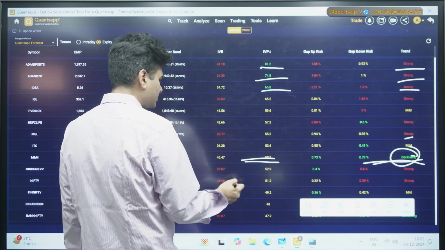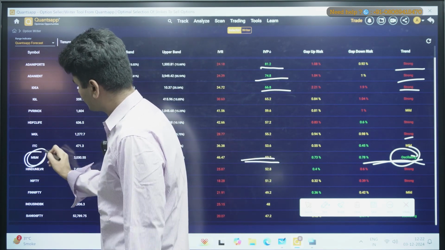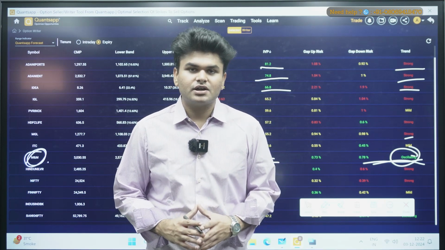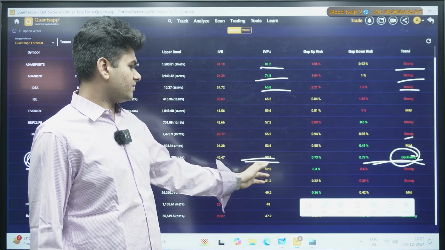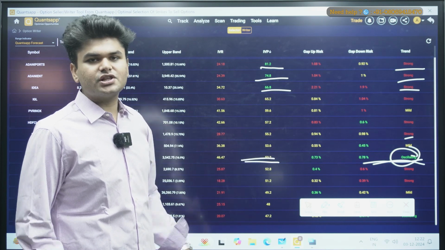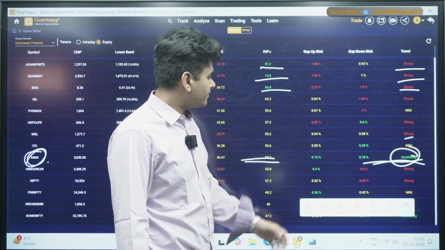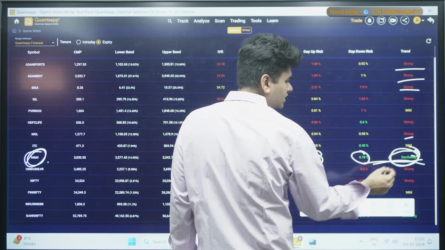So I believe this is the stock you can take into consideration, which is M&M. M&M can be the stock you select, because as we have sorted with the IVP, it has a high IVP, almost above 50. So the premiums are still a little expensive. As you can see, the other parameters, gap up risk and gap down risk, are also low, and the trend is oscillating.